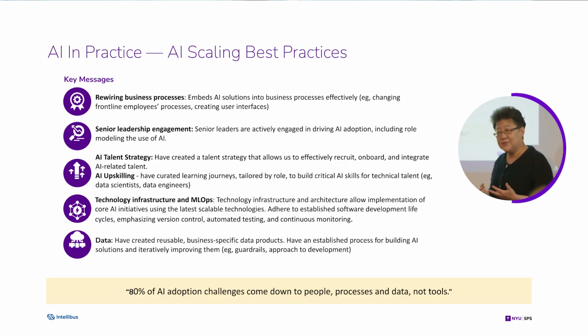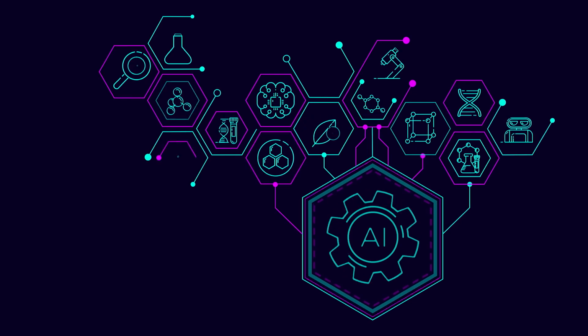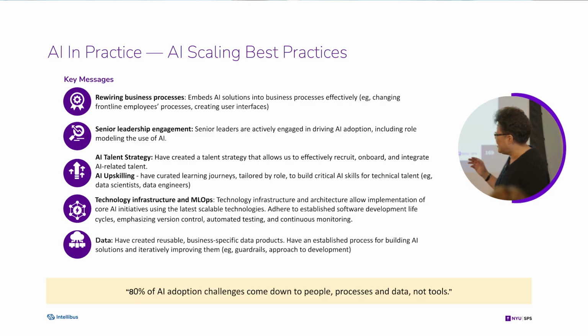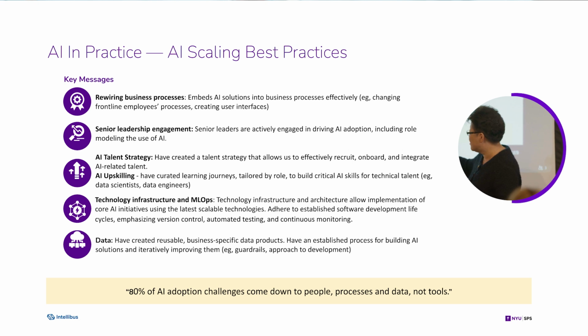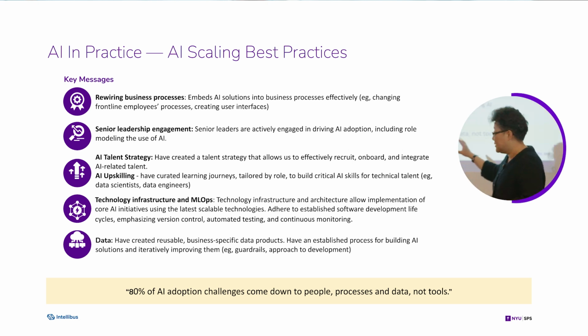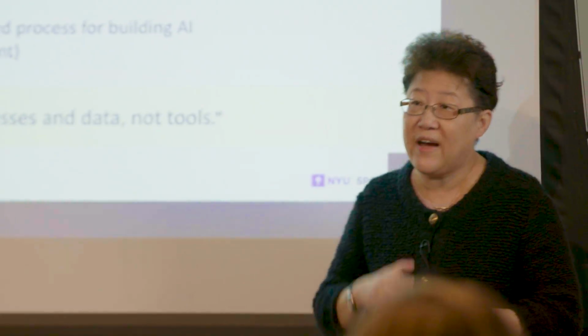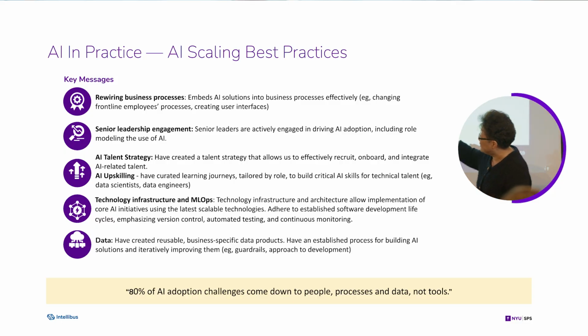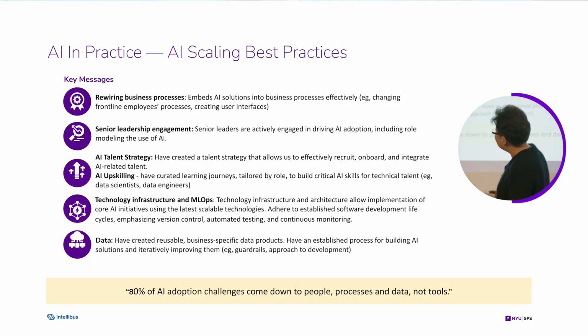My learning is probably 80% of the adoption challenge is actually not coming from the technology side, right? We have a good tool, we can build a pilot use case, we can show it works, but if we don't put our arms around solving the people, talent, process and data, that value is not going to come easily, right? So that's why the 5 pillars that I listed here are business process and the leadership engagement.